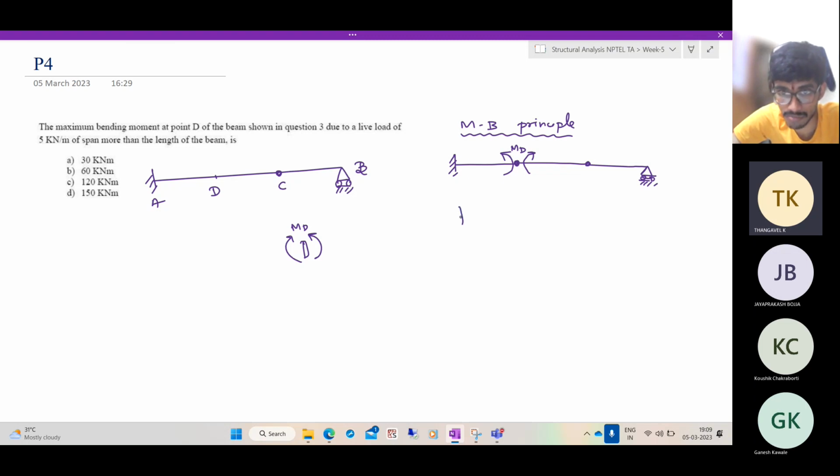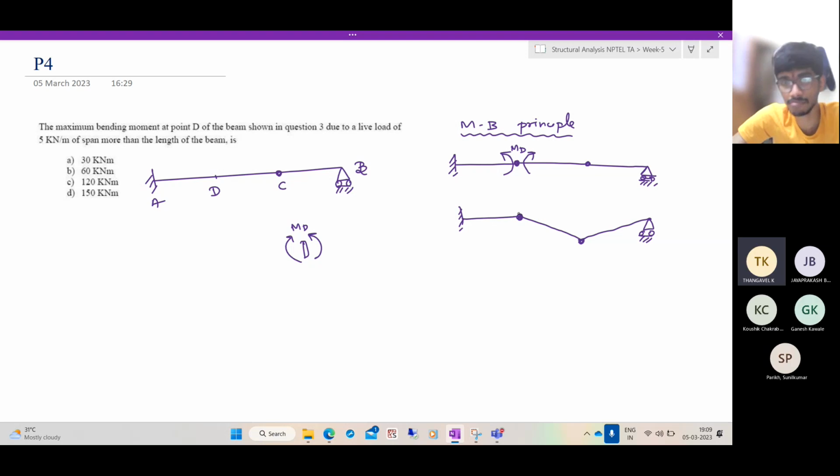Here it can generate a rotation because it's a hinge. Again, here you have another hinge, but here the displacement has to be zero since it is supported, but the rotation can be non-zero. So this will be the deformed shape once you have applied MD.